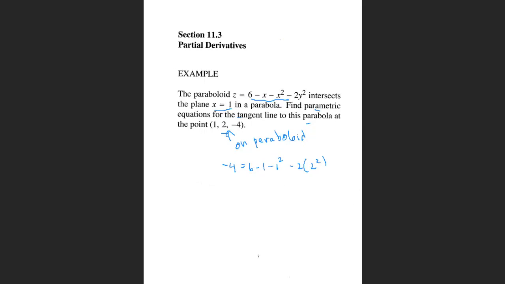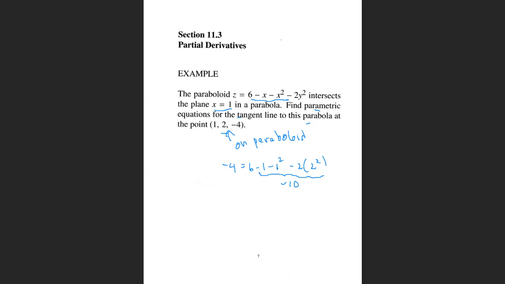Let's make sure of that. Yeah, this is like 6 minus 10. That's -4. So you have a point on this paraboloid.